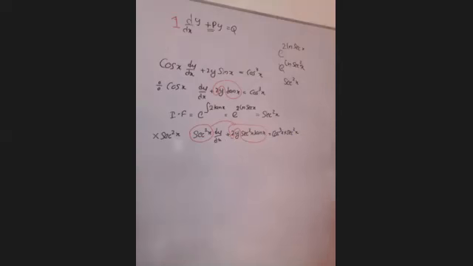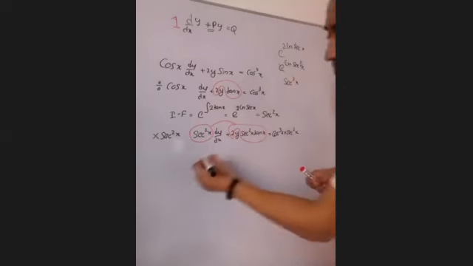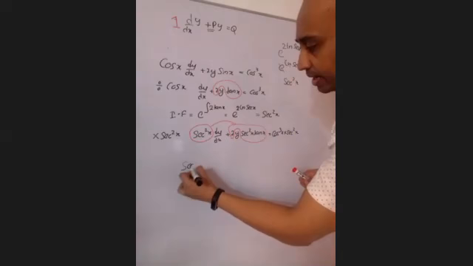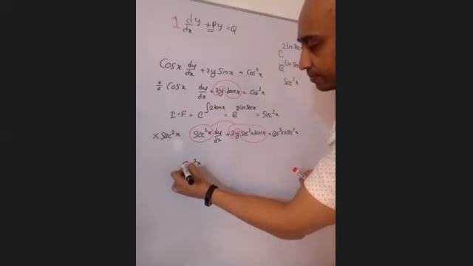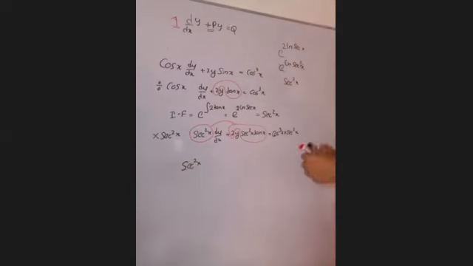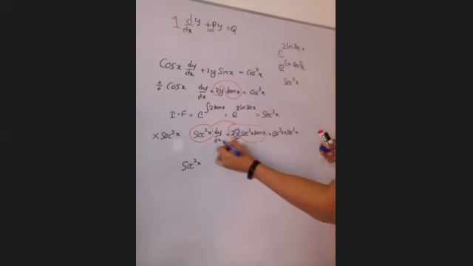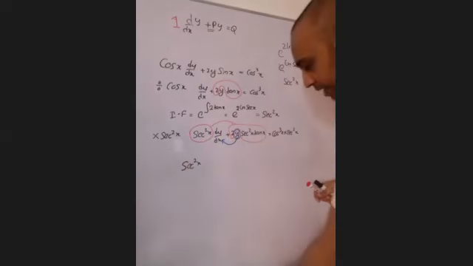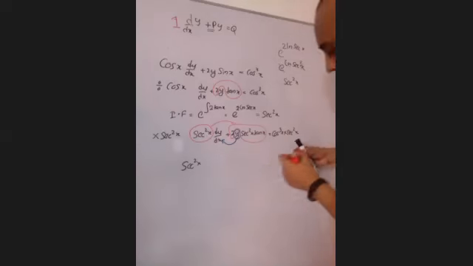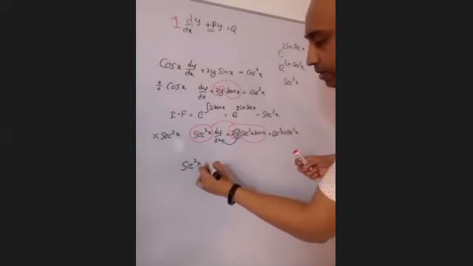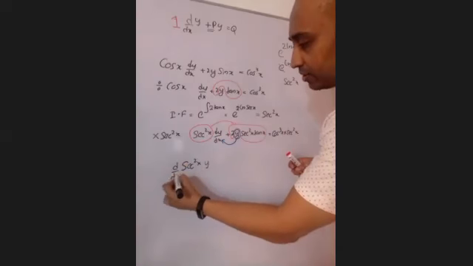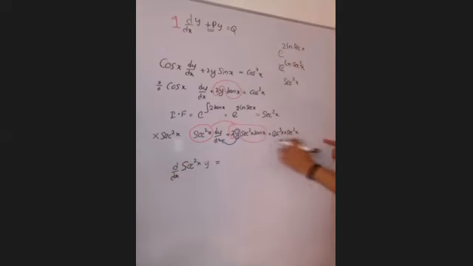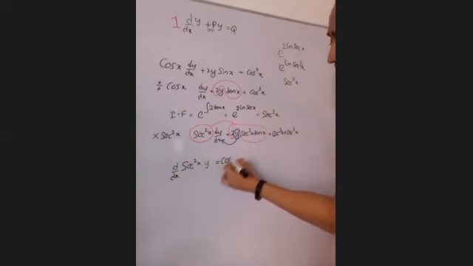So you can write this part of it: one part is sec squared x, and the other part is y. This is d by dx of sec squared x y, equals cos x, since sec squared x times cos cube x turns up to cos x.